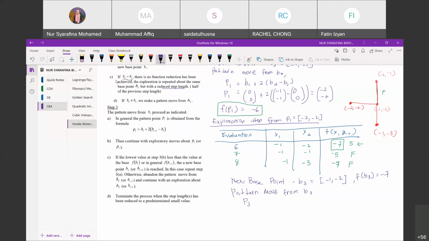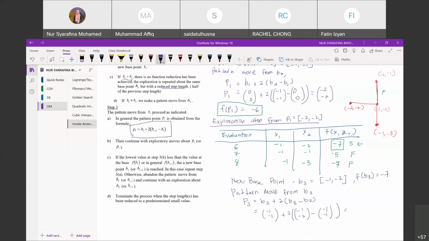So pattern move here is B2 plus 2, B3 minus B2. Same formula as before. So we have our B2, which is what? Our B2 here is -1 plus 2. B3 here is -1, -2, minus -1. Then we should have our P3 or P2?